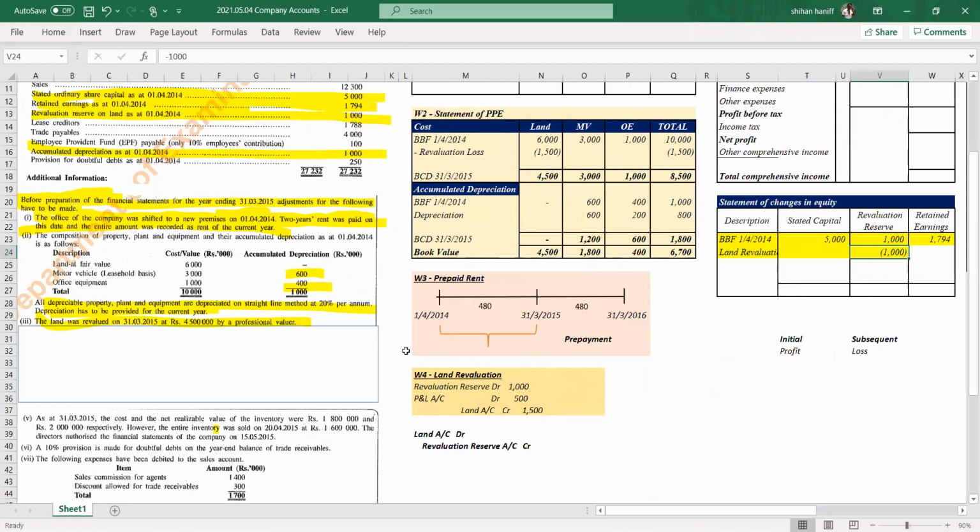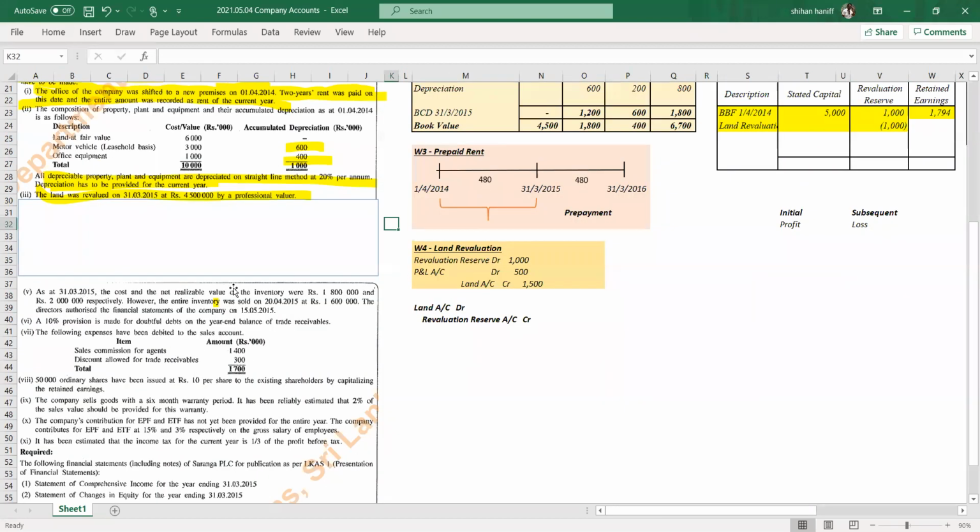Right. Now we are moving to the next adjustment. Adjustment number 5. As at 31st March 2015, the cost and net realizable value of the inventory were 1.8 million and 2 million respectively. 31st March. Cost is 1.8 million, NRV is 2 million.